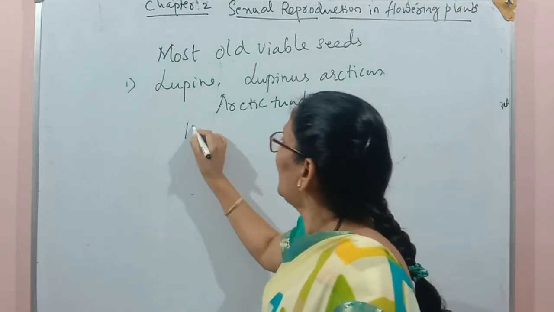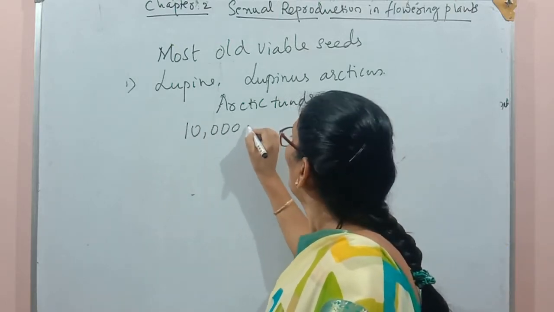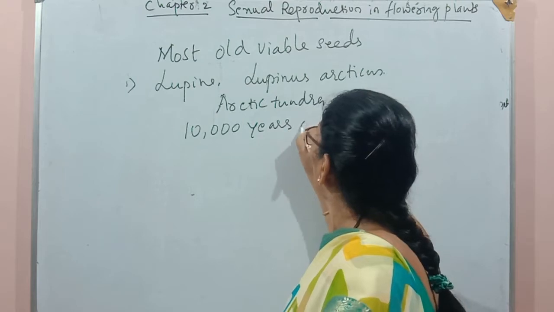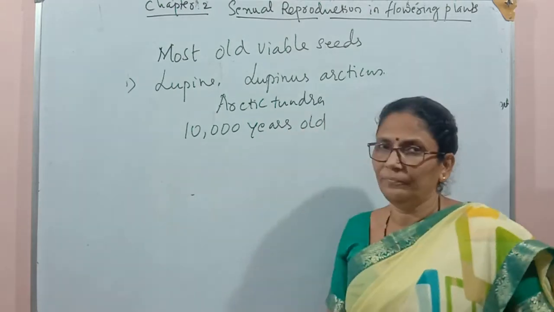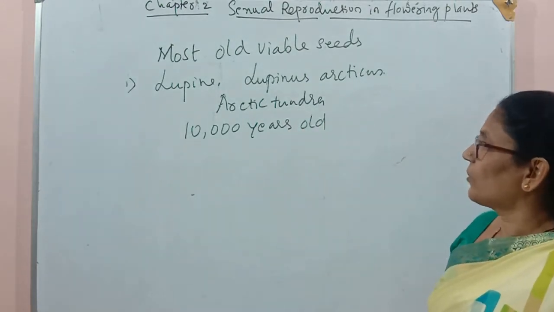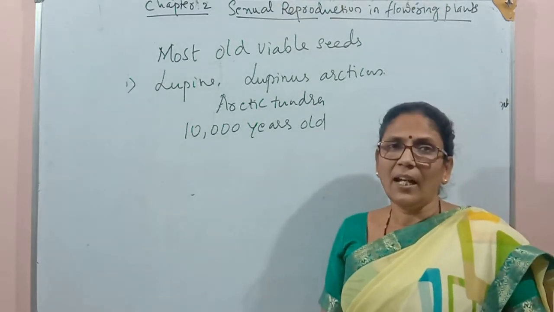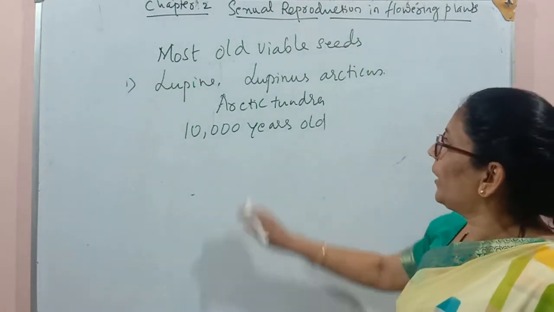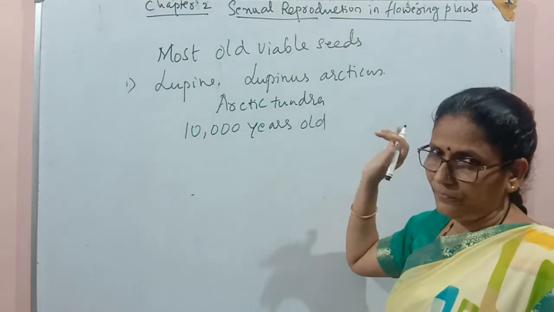It is a 10,000 year old viable seed, excavated from the Arctic tundra.